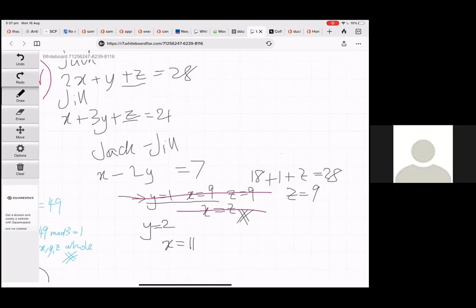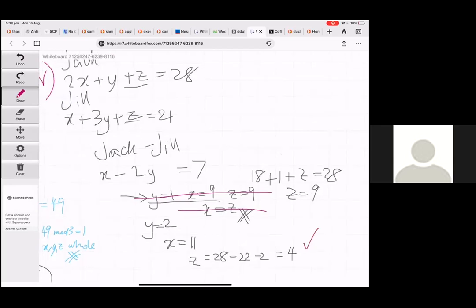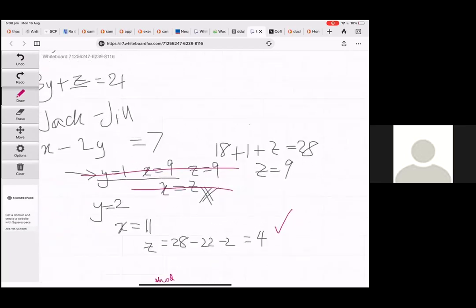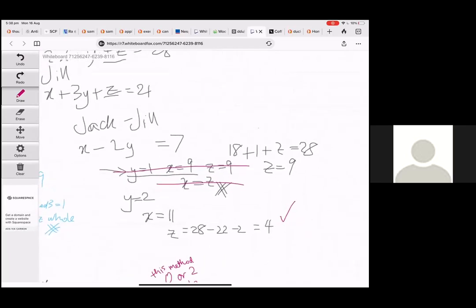And then using Jack's money bag again, we've got z equal to 28 minus 22 minus 2, which is equal to 4. So actually this looks good. They're all positive, they're all different from each other, and they're all whole numbers. This is looking good. And since it's a fake solve contest, you could just give this as the answer.